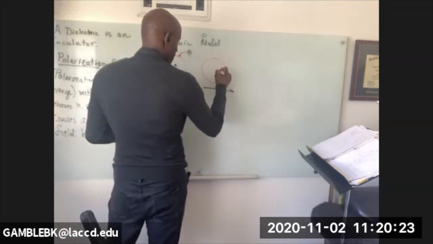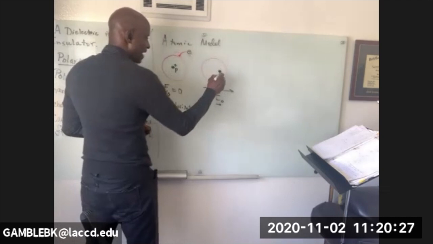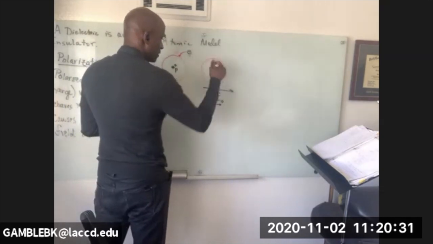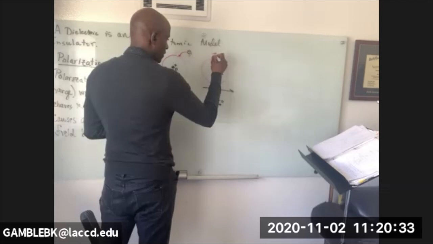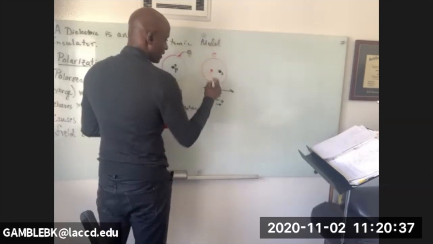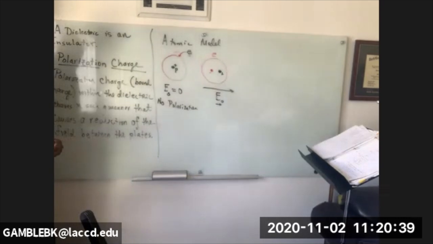So now the proton is shifted over a bit. So the average value of the electron is now somewhere else, right? Maybe this represents the negative. So now what you have is a little bound field, we call it E bound.